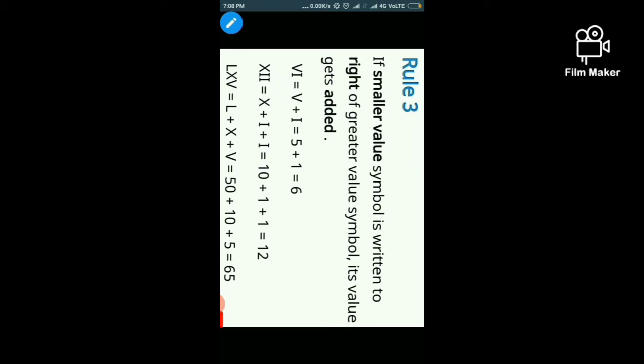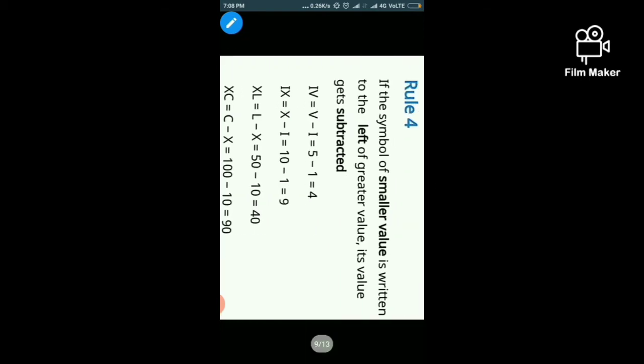I is written at the right hand side of V, so the value will be added here. V plus I is equal to 5 plus 1 is equal to 6. Next, XII, I is a smaller value symbol, so its value will be added. X plus I plus I is equal to 10 plus 1 plus 1 is equal to 12. You can see here one more example. So rule 3 is: a smaller value symbol written at the right hand side, its value will be added.